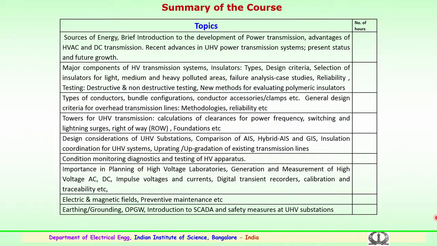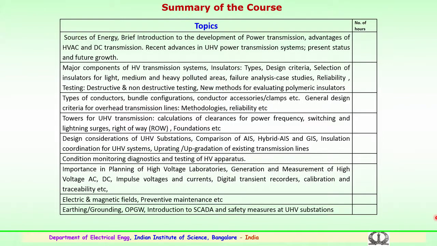Then how the generation and measurement of high voltages, whether AC, DC or impulse voltages and currents, were discussed. These are very important for the evaluation and testing of the equipment in the laboratory.